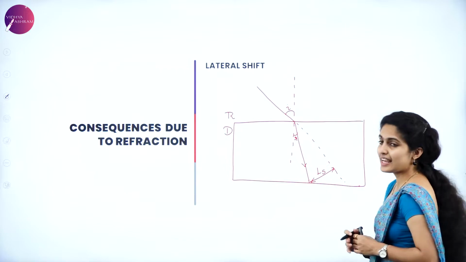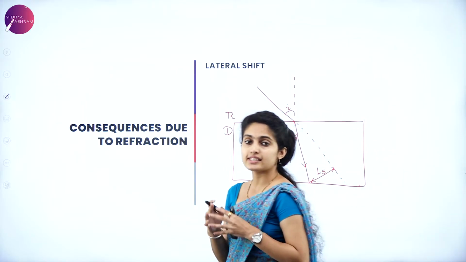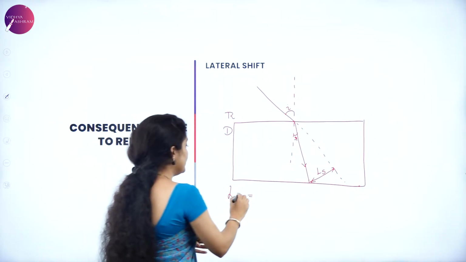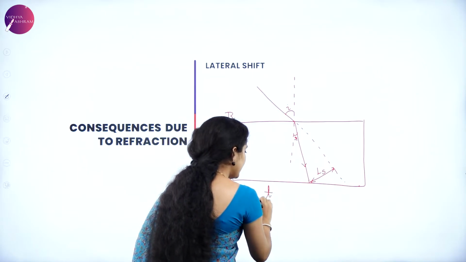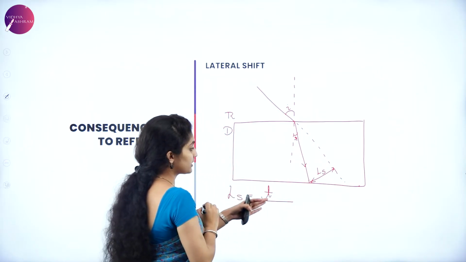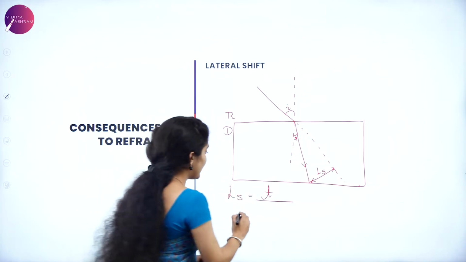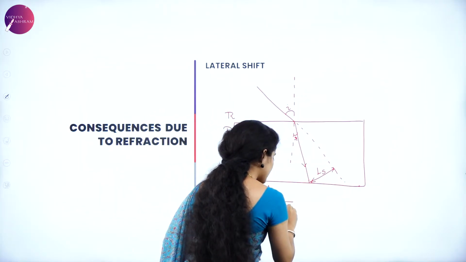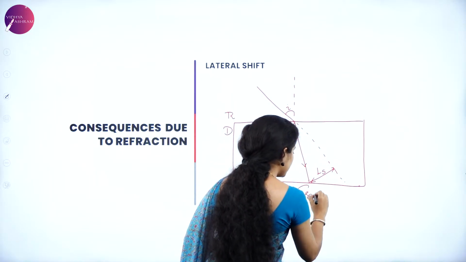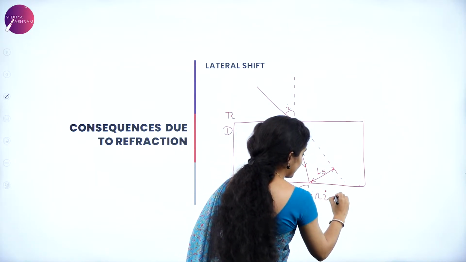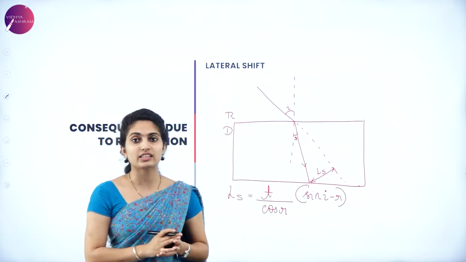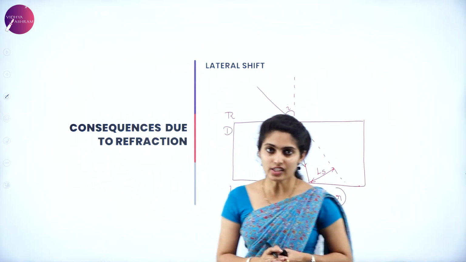It is called LS, a lateral shift. LS is equal to T divided by cos R into sin(I minus R), where T is the thickness. This is the equation of the lateral shift.